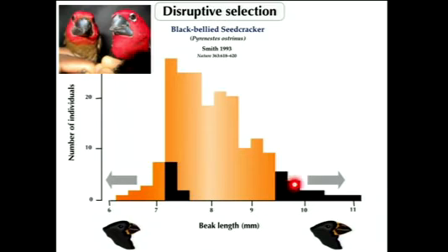And that can lead to generations subsequently that have larger and smaller beaks, respectively, rather than the intermediate type. So a real-world example of disruptive selection in seed crackers.